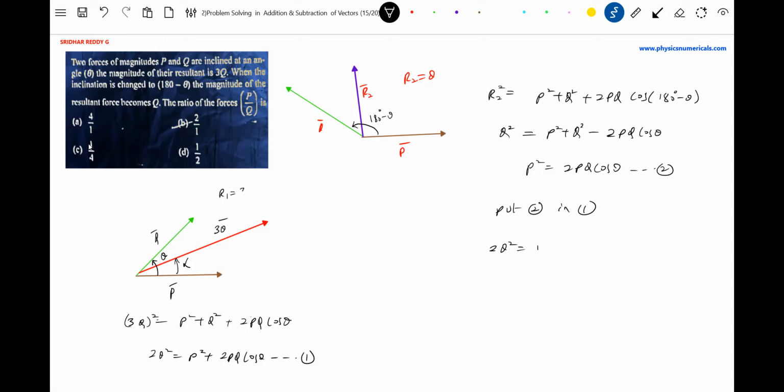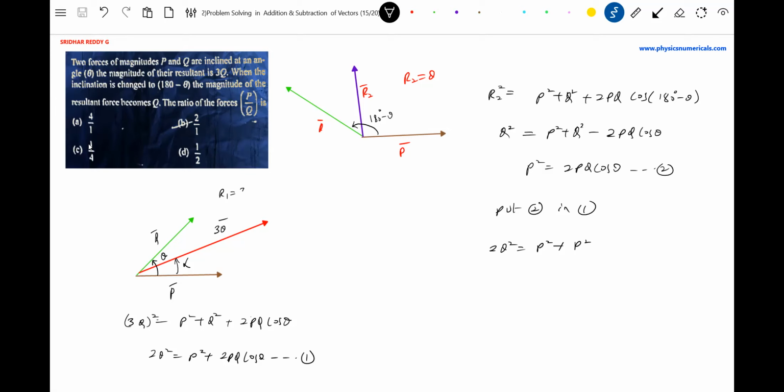So 2Q square equal to P square plus 2PQ cos theta is P square. The ratio of P by Q, no? So here if I do that, how much am I getting? 1:1. There's no such option.